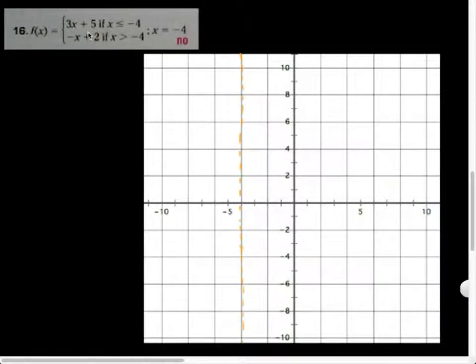So 3x plus 5: the slope is 3, the y-intercept is 5. So if the graph existed over here, it would have been here. And then the slope is 3, so I could have gone up 1, up 2, up 3, over 1, right, like so. Or, let me get some other points, down 3, backwards 1, down 3, backwards 1.